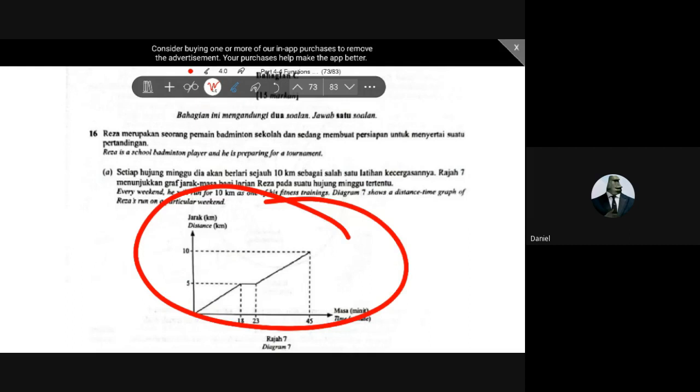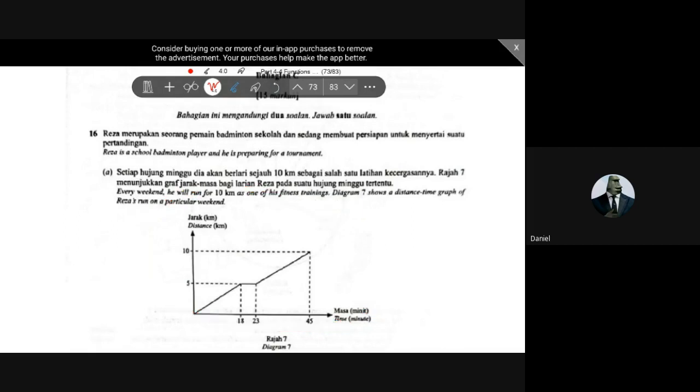Oh, you like this chapter, Daniel? Oh yeah, because I just starting. First I started with metrics, then the second one is graph of motion. Okay, very good. I give you the whole question to volunteer. Others yang nak cuba boleh cuba, okay? Tapi Daniel wants to answer also.